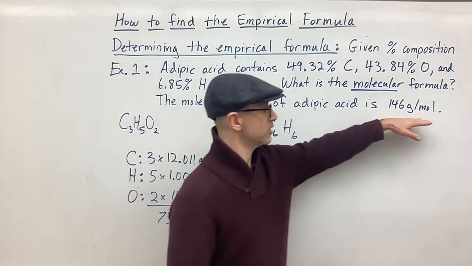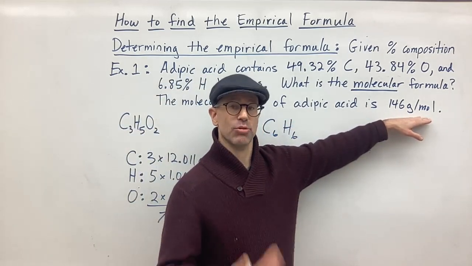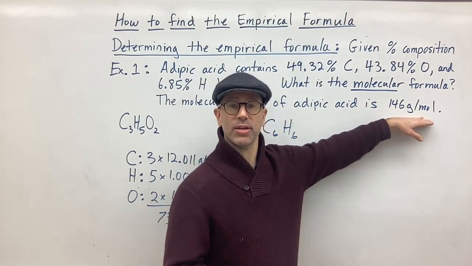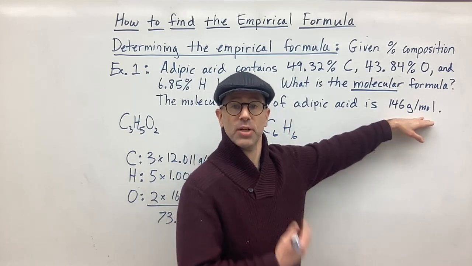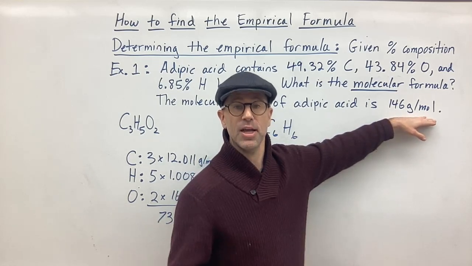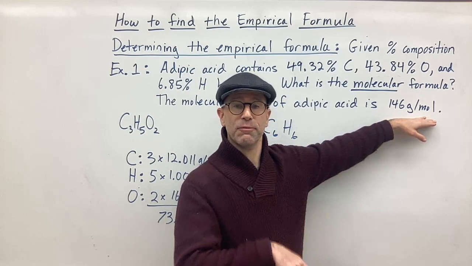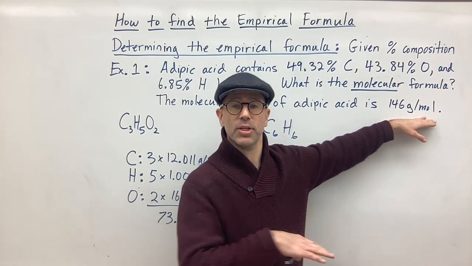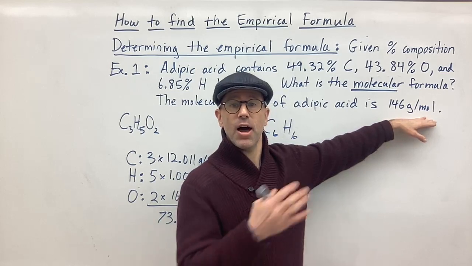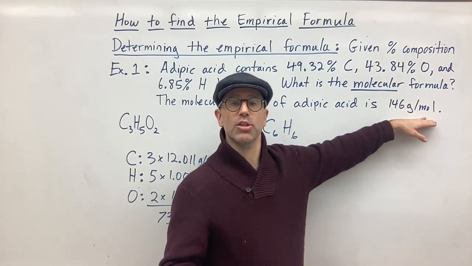So now we have the molar mass of our empirical formula. They gave us the molar mass of the actual substance. This is the molar mass that we would calculate if we knew what the molecular formula is, but we don't know that. That's what we're trying to find. But we know that the difference between the molecular formula and the empirical formula is a factor. So instead of using the formulas, we're just going to use the masses.